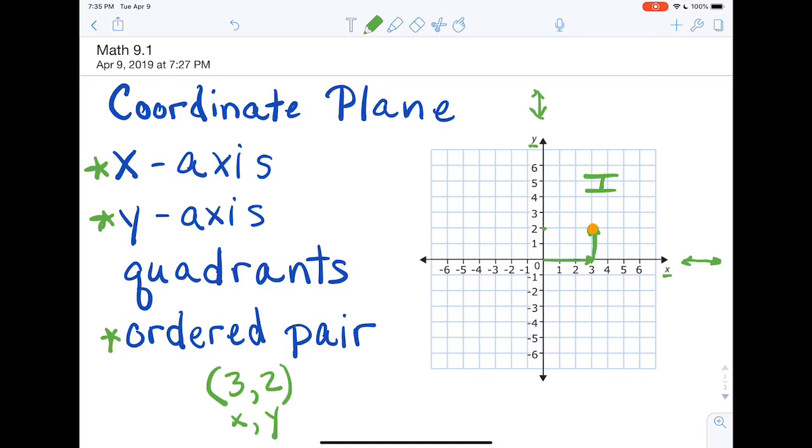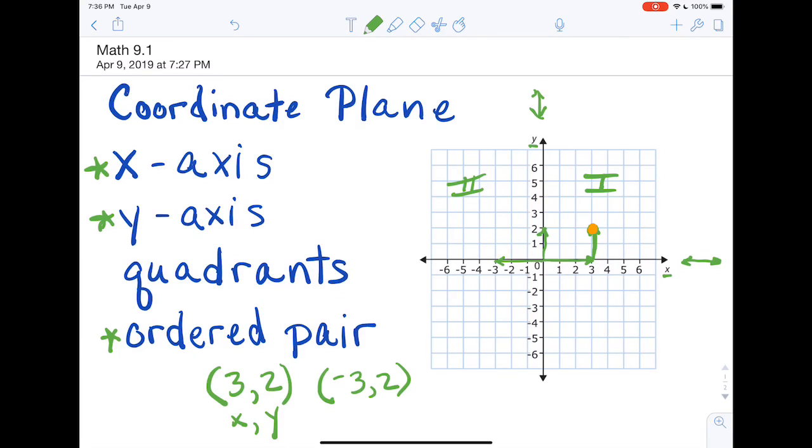Let's find out what happens if we go to quadrant 2. Well, let's take these same numbers and let's make the 3 a negative 3. So negative 3, remember we go over first to the negative 3 on the number line, and we go up to, well, that's going to be up to there. Now you can do this one of two ways.